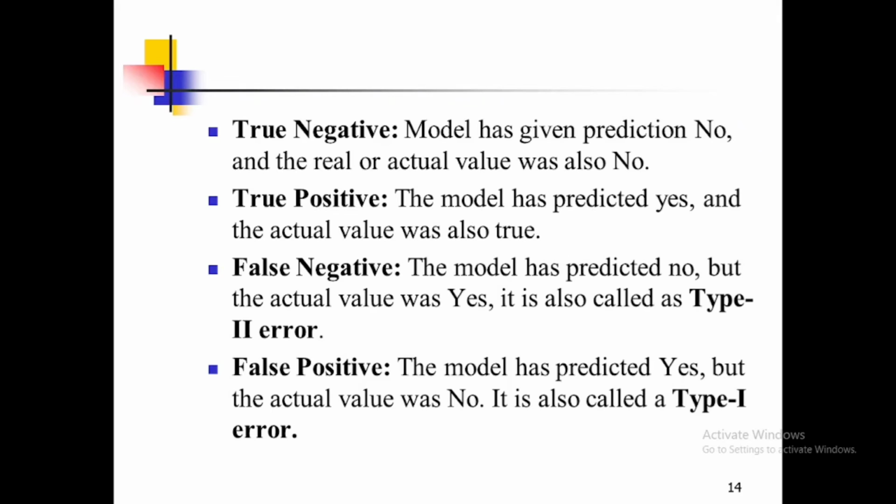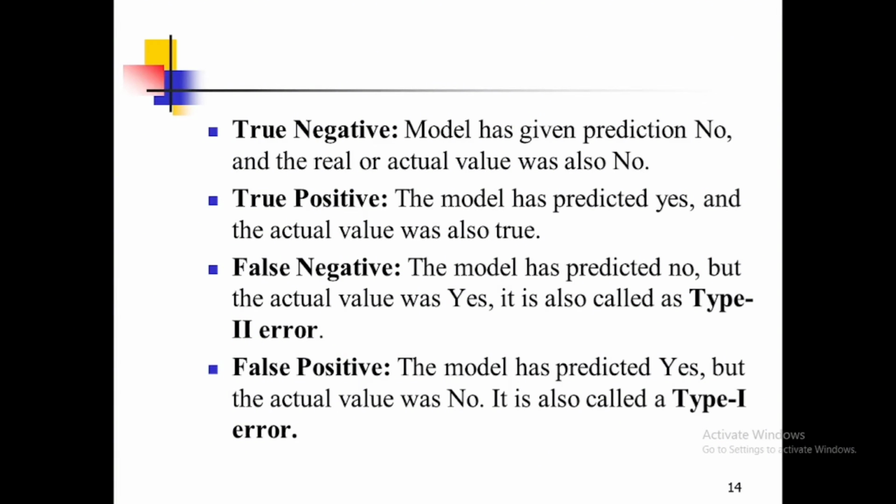Now what about the false negative? The model has predicted no, but the actual value was yes. It is also called the type 2 error. The result states no, but the actual value was that he is having diabetes.